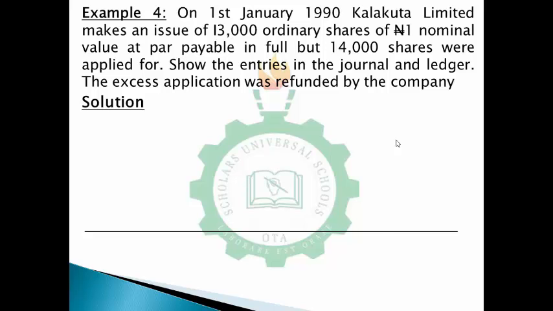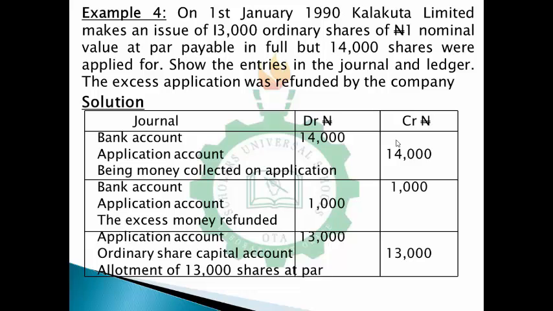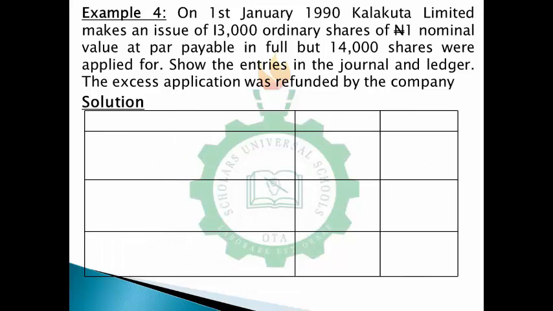All right. So the first thing is you write the name of the business, Kalakuta Limited. Then you draw your journal. On your journal, the first thing to take note of is that you receive money for 14,000 shares, even though you have 13,000 shares to offer. It's going to be 1 naira times 14,000, so you debit your bank with 14,000 naira, and credit applicant 14,000 naira.